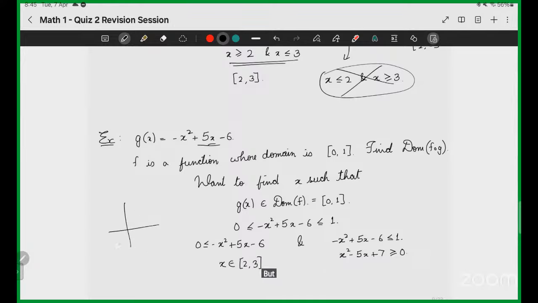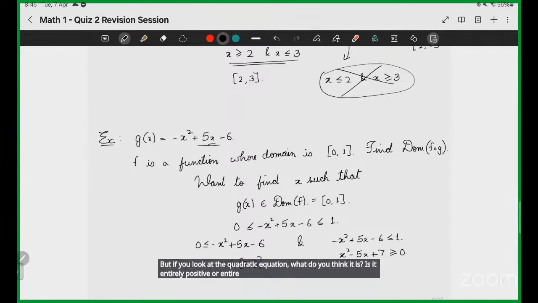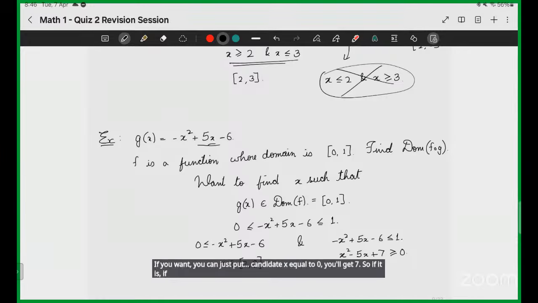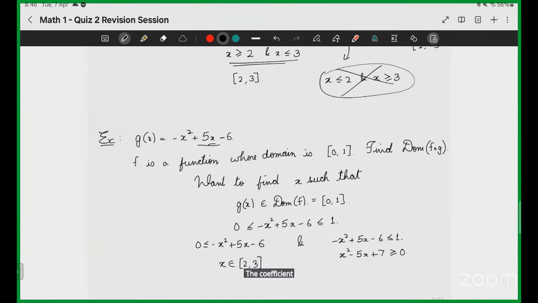If you look at this quadratic, what do you think it is? Positive. If you want, you can just put x equal to 0 and you'll get 7. So if it is positive at one value, it is positive at all other values. Or you could appeal to the coefficient being positive, so it's an upward opening parabola.